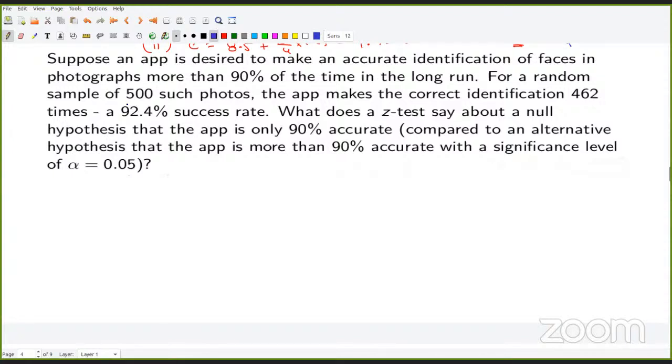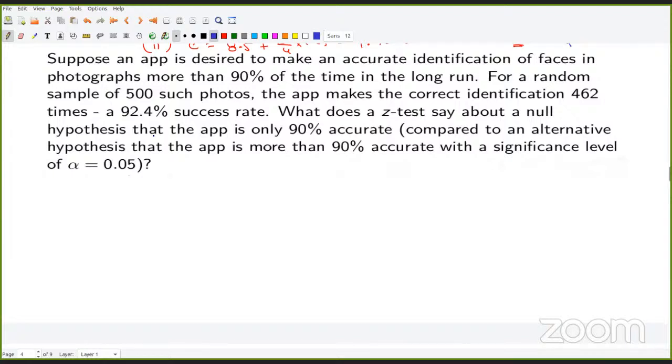Okay. Let us solve this. Let us try to understand it statement by statement. That will give you more clarity. There is an app designed to make an accurate identification of faces in photographs more than 90% of the time in the long run. That means those who have created the app desire that when it runs in the long run, with more people using it, 90% of the time it should accurately identify the faces.